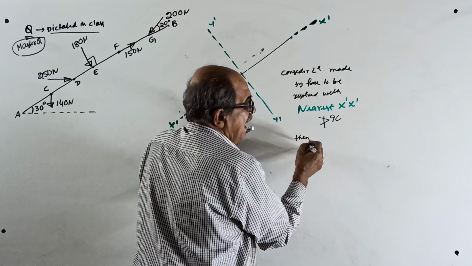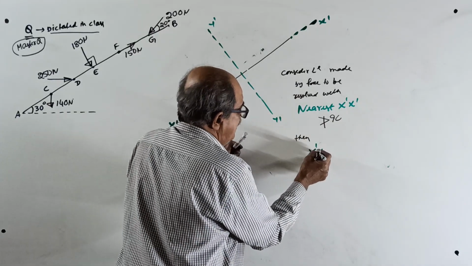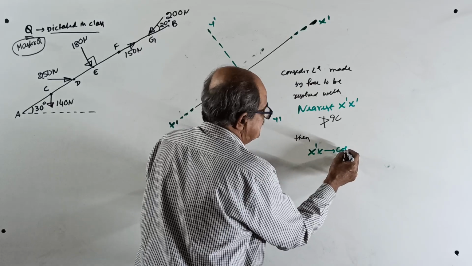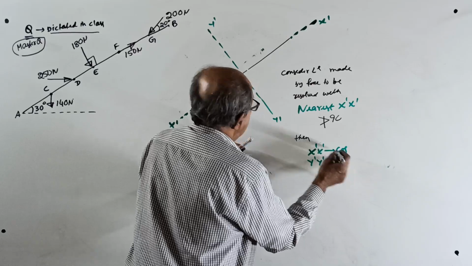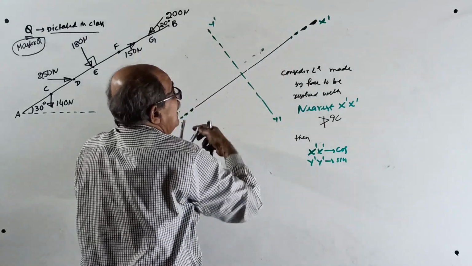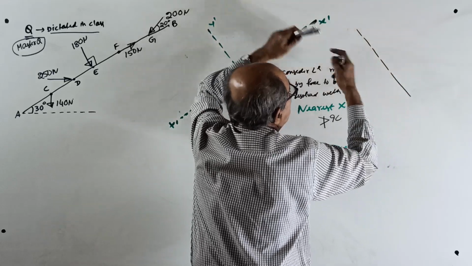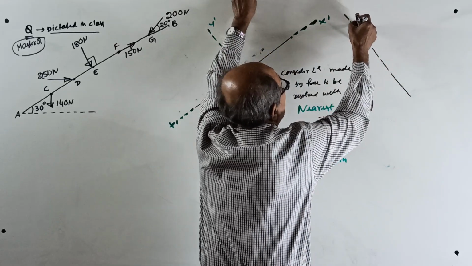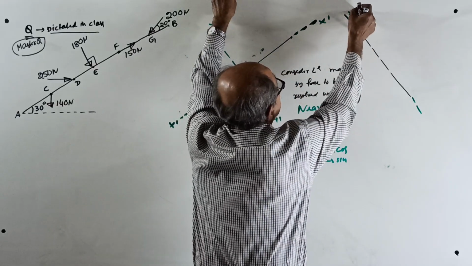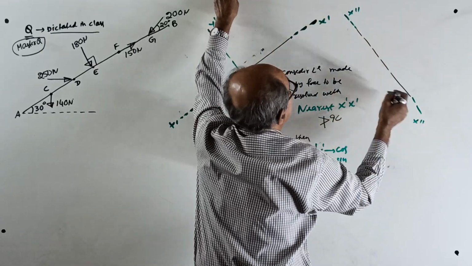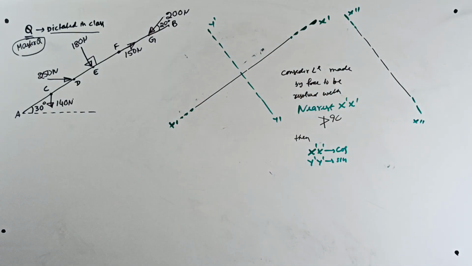Then directly, without bothering, the component along x dash is cos and along y dash is sin. It can be this way, or even like this also. Then take this axis here; if both are there, you call it x double dash. I think I have gone beyond the board. Sometimes it happens.